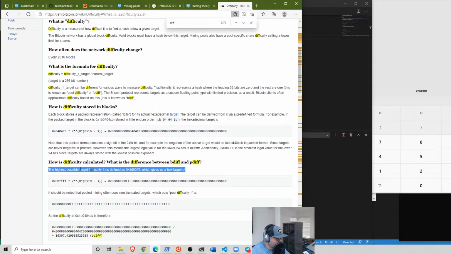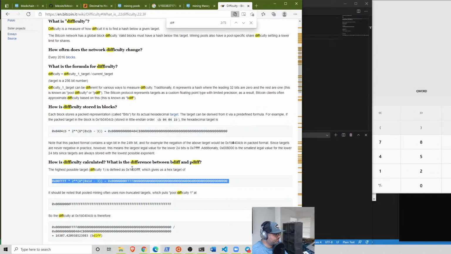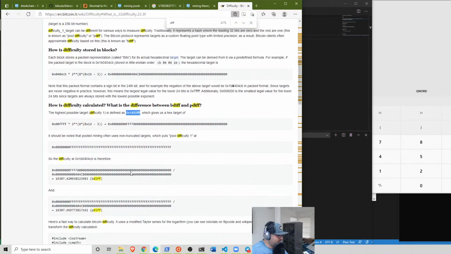The highest possible target, difficulty 1, is defined as this, which gives us a hex target of that. It should be noted that pooled mining often uses non-truncated targets. So difficulty.